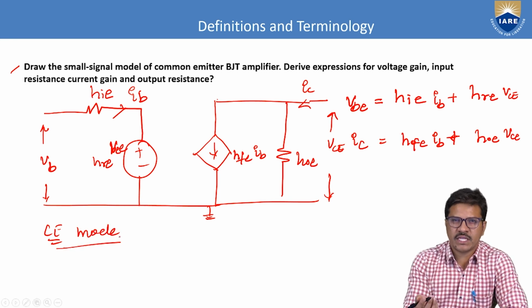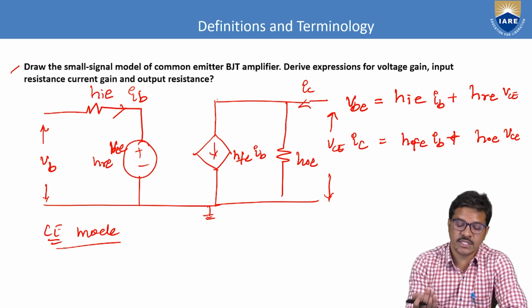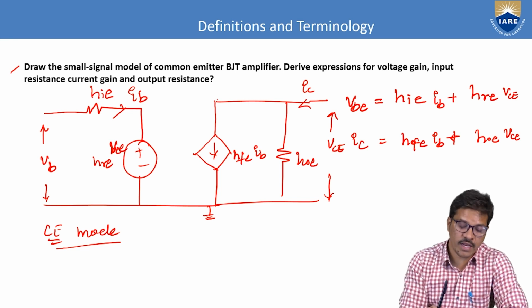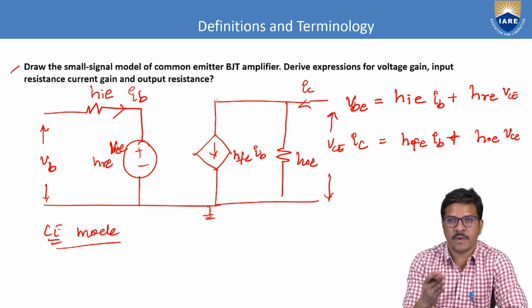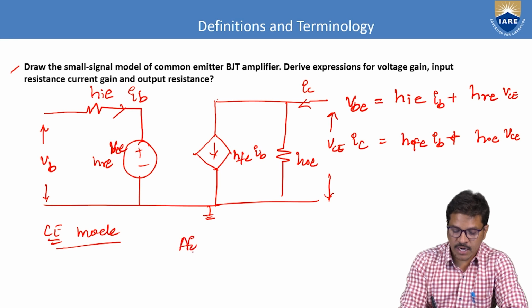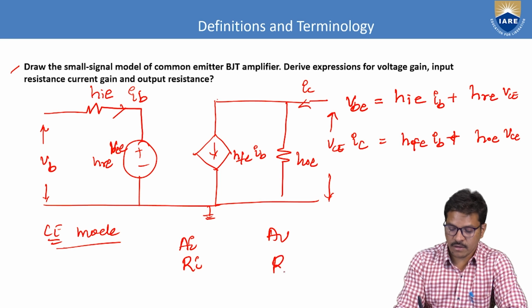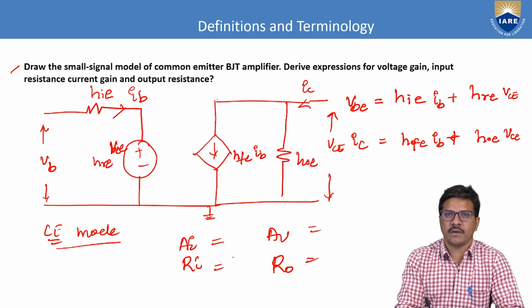If you replace the second subscript with B, it becomes common base with the same diagram. It is replaced with the common base configuration. And if you use common collector, the second subscript of the H parameters is C. So you draw the diagram for each of the common base, common emitter and common collector amplifiers, then derive the current gain, input impedance, voltage gain and output admittance based on the given amplifier.